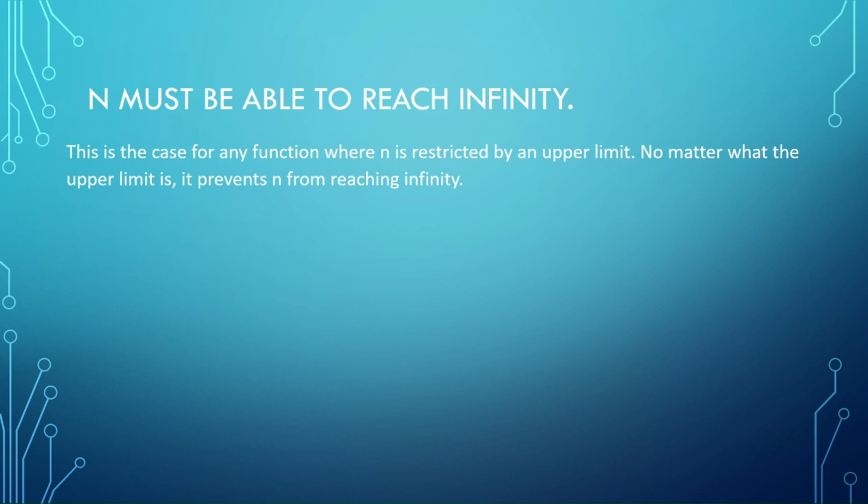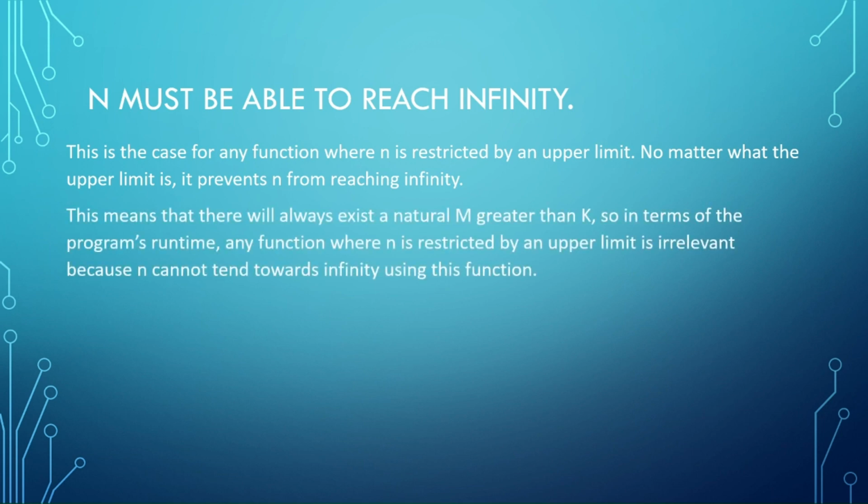No matter what the upper limit is, it also prevents n from reaching infinity. So this means that there will always exist a natural m greater than k, because k is fixed. K is the value at which the program swaps the algorithm it uses. So there will always exist a natural m greater than k, and we can choose whatever m we want.